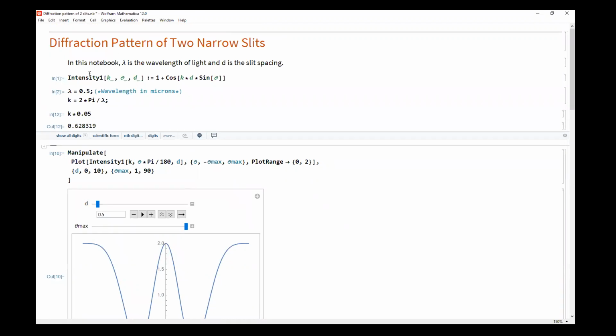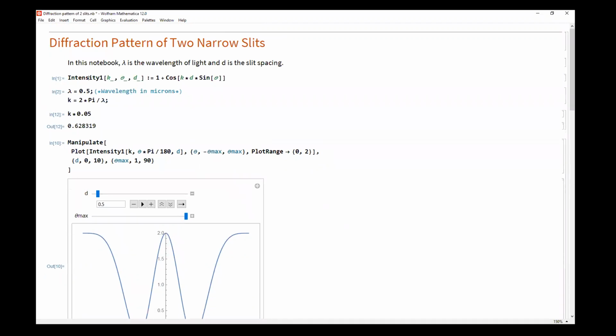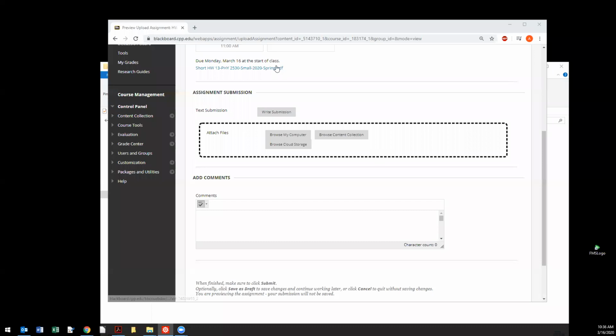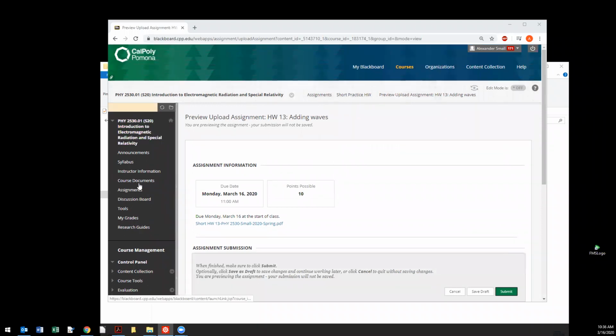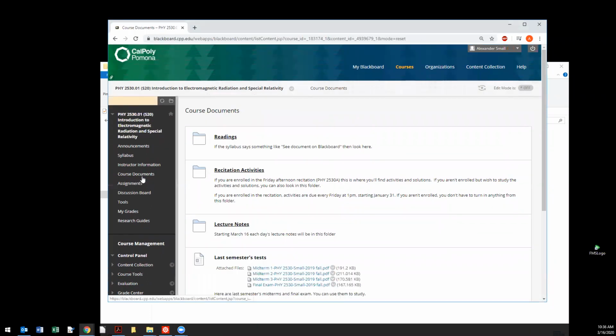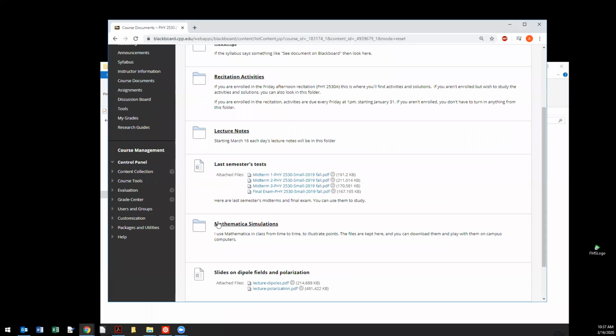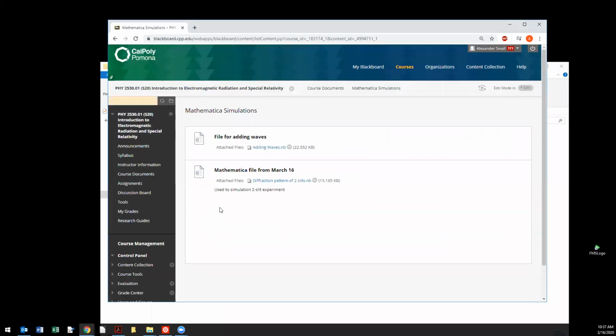All right, let's start over. We got this Mathematica file up here, which is, by the way, also available in Blackboard. Let me see if I can share Blackboard. All right. So what we see in Blackboard, let me go to course documents, Mathematica simulations.